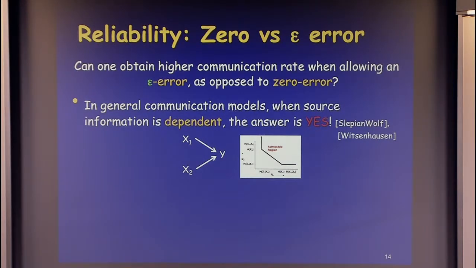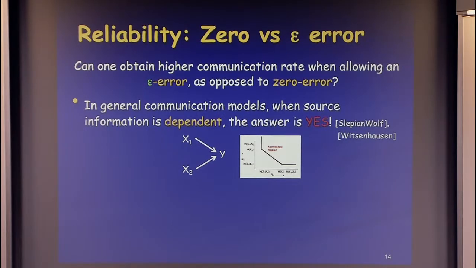If there's some error, you can get a higher rate. One example, even in the case in which there's no noise, but the sources are dependent, is the Slepian-Wolf problem. The sources are dependent. If I want to succeed for most cases, I can do it with very high rate. If I want to succeed for all cases, that is with no probability of error, then the rate significantly reduces.